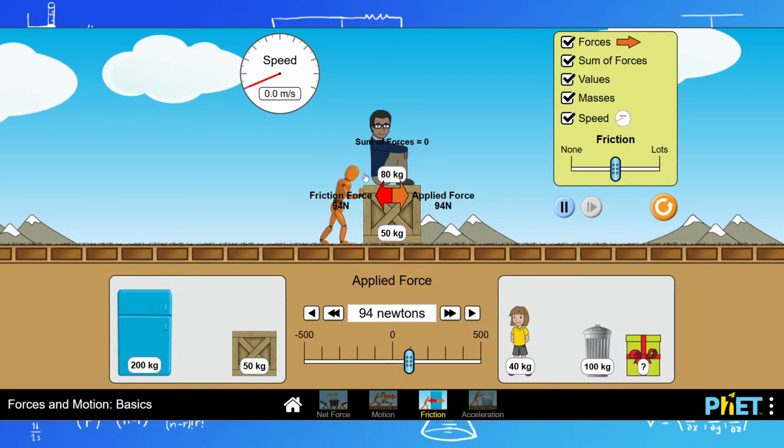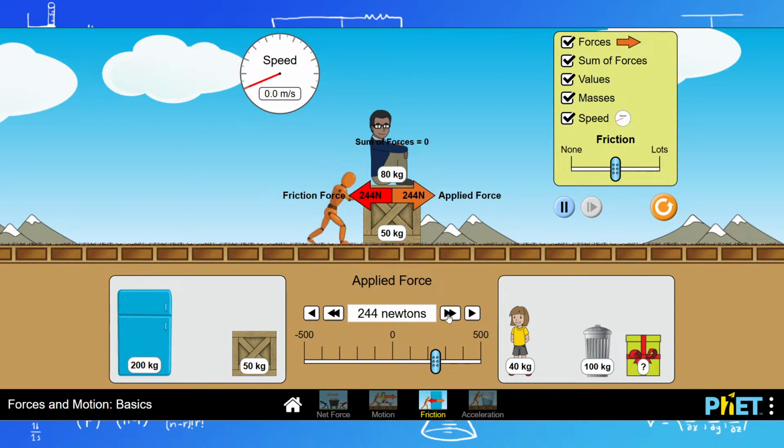I think that's what it was. If you apply some force downward, you are increasing the amount of friction that the object encounters.